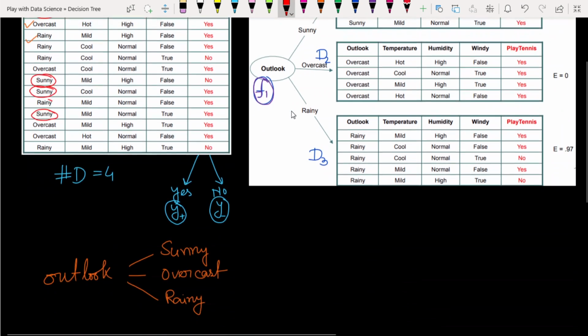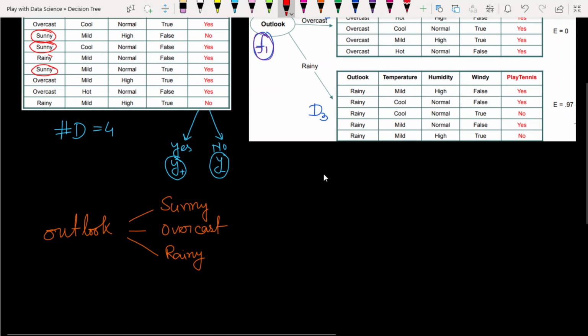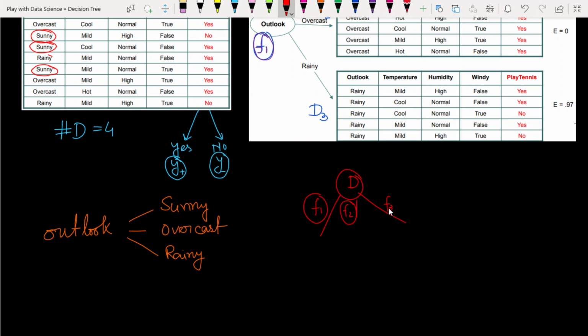When constructing the decision tree, we built our data set like this. This is our parent data, and this is one feature, another feature, another feature.